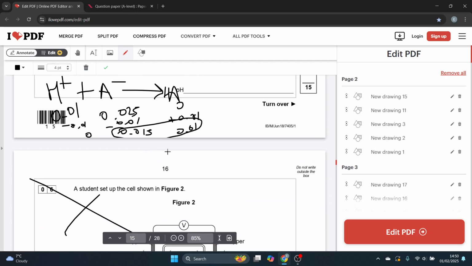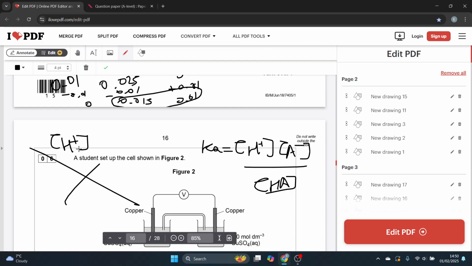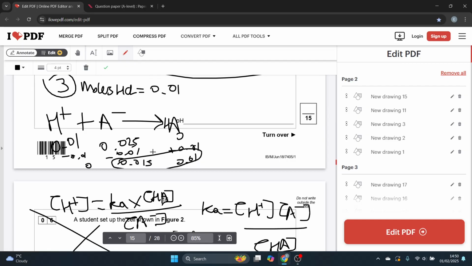Well, firstly, I need to construct the Ka expression. Ka is H plus times A minus divided by HA. And I need to work out H plus. So H plus is going to be Ka times HA divided by A minus. So now it's just substituting it in.